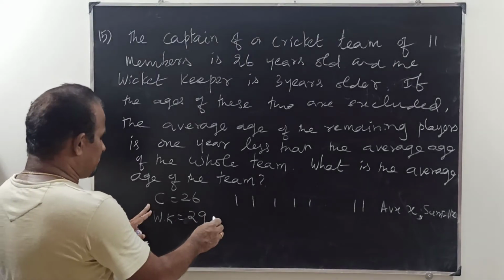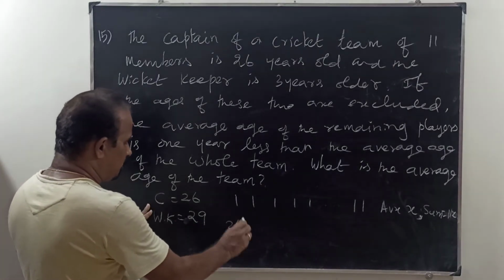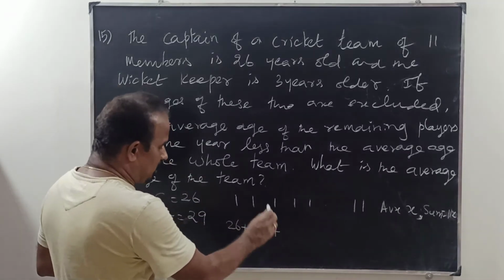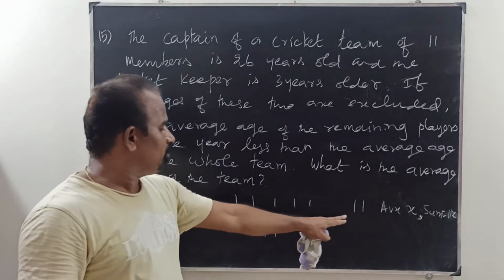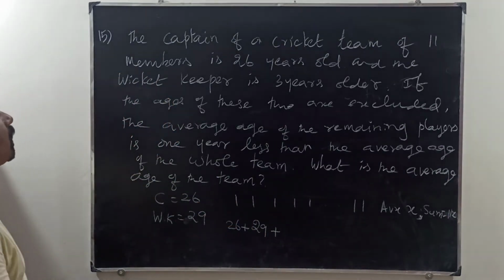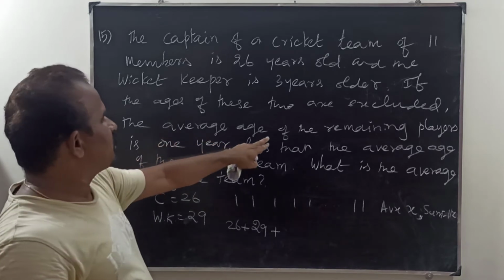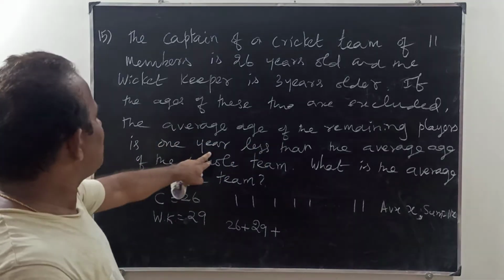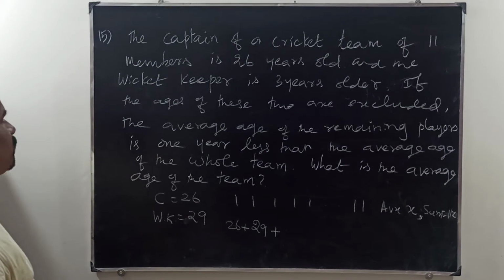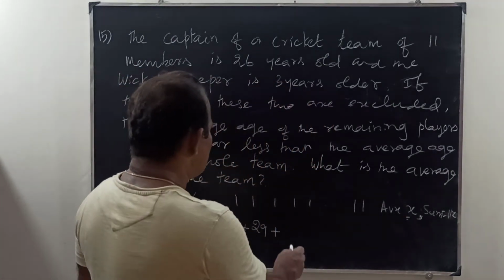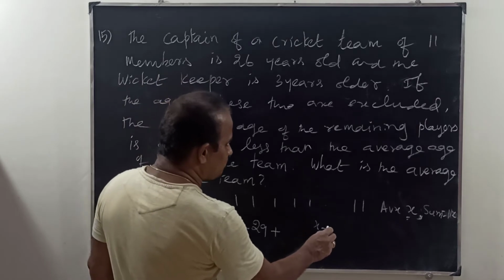So age of captain 26 plus age of the wicket keeper 29 plus remaining, there are 9 members, because 11 minus 2 is 9 members. The average age of the 9 members is 1 year less than the average age of the whole team. The average age of the whole team is x, so here the average is x minus 1.